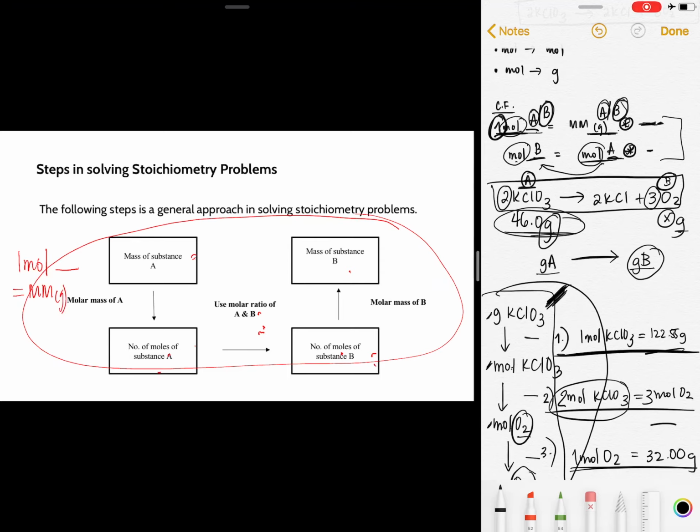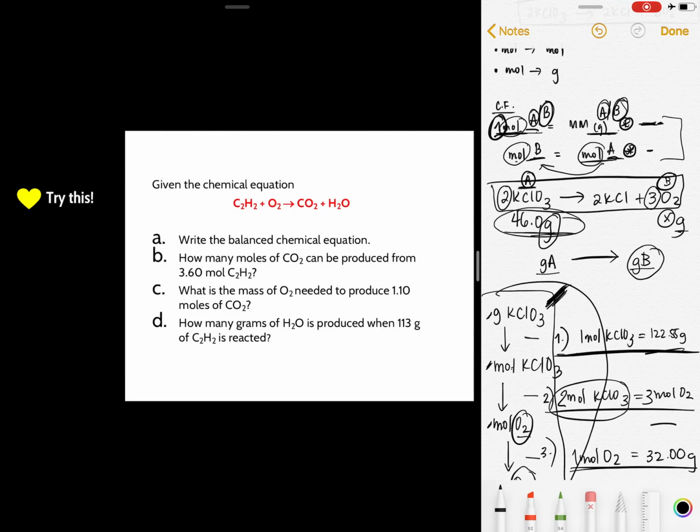If you want to go from one mole to another mole, you use the conversion factor I taught you, which is mole of any substance is equal to the mole of another substance. And again, if you want to go from mole to the grams of the same substance, ayan, you use the conversion factor 1 mole of any substance is equal to its molecular mass in grams. So that's it. It's very easy.